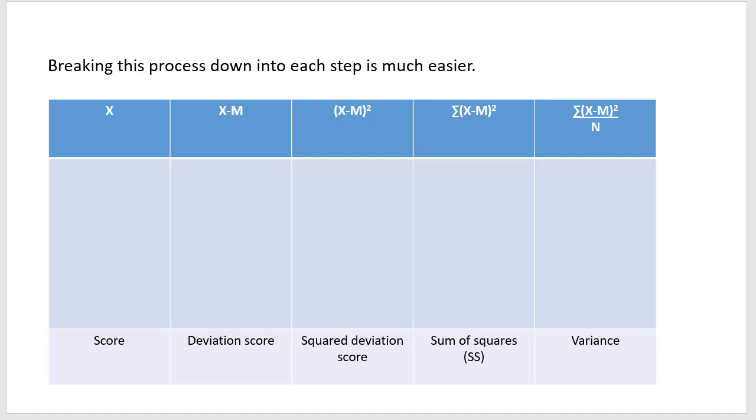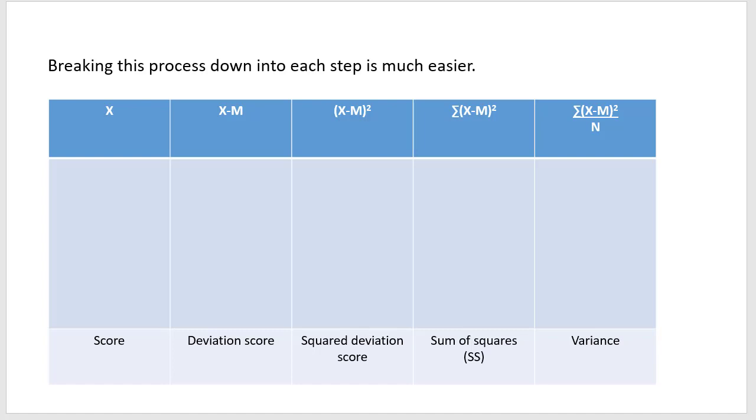When we square those deviation scores, we get what are called squared deviation scores. It's a clever name, right? Then the next step is to add them all together. So we take the sum of the squared deviation scores, and we get what's called the sum of squares. It's abbreviated SS. That becomes very important later on.